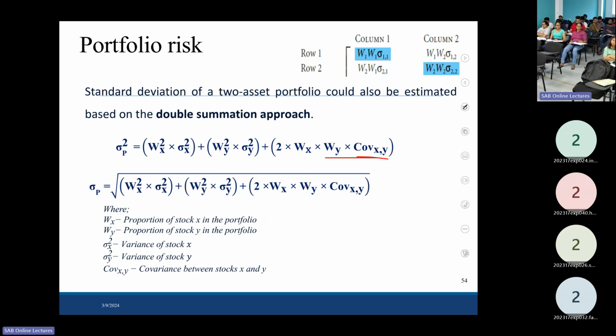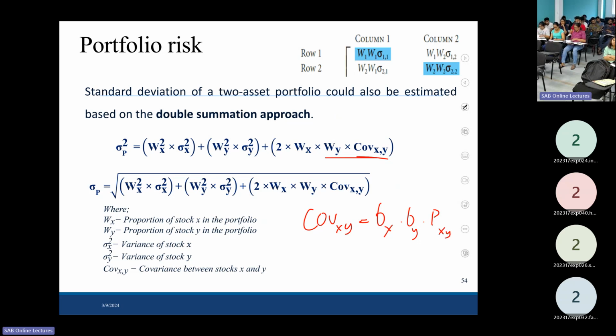Covariance between two stocks' returns, say x and y, is equal to the standard deviation of x, times the standard deviation of y, times the correlation coefficient between the two stocks' returns. The correlation coefficient we call rho, or you can say CORR.